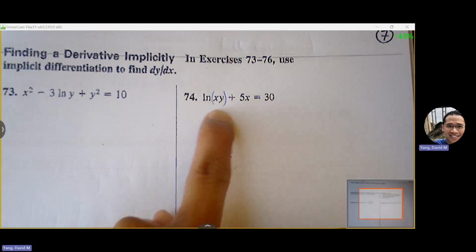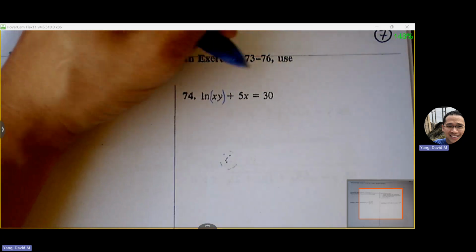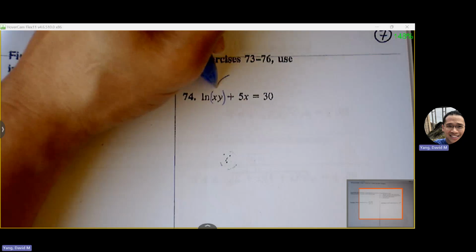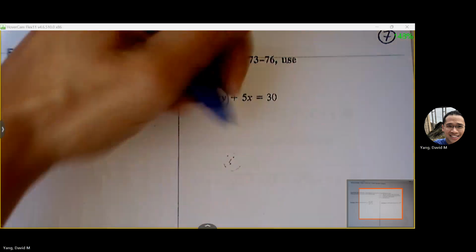So anytime we want to find the derivative and there's a log or natural log involved, we always have to consider, is there an expansion property available to us? I think there is one, right? What can I do with natural log of xy before I explore my derivative rules? Yeah, natural log product property, right? So natural log of xy can be expanded into what?